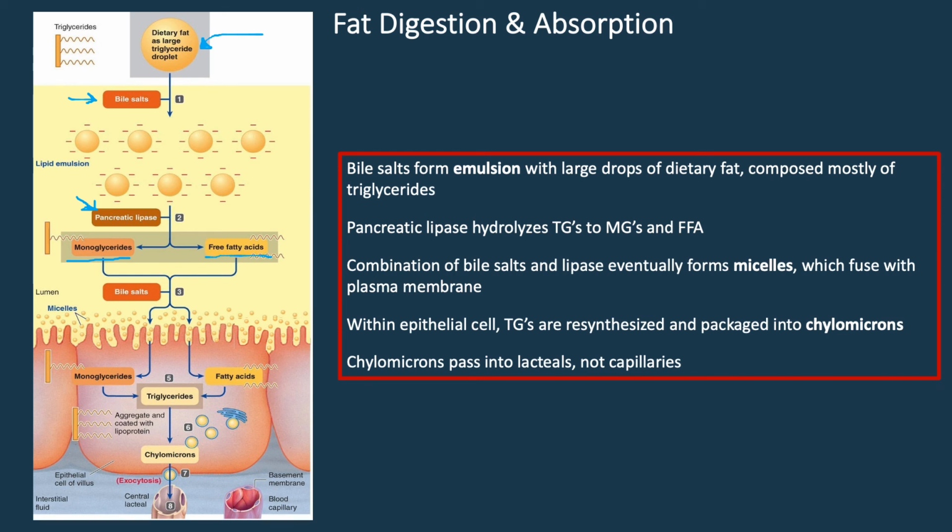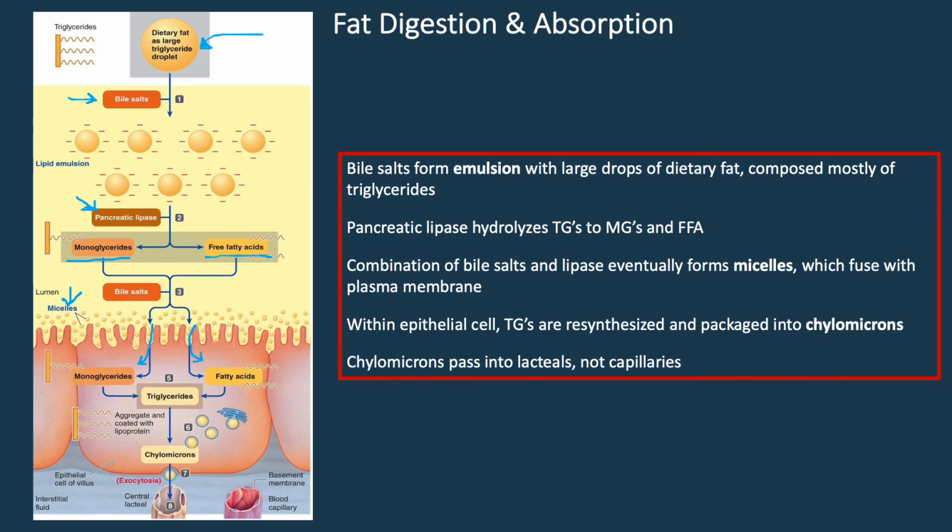This is where the other components of bile come into play. So lecithin and cholesterol, they're going to combine with bile salts to form these little spheres or micelles. Now, micelles will have monoglycerides or the free fatty acids at the center of them. And the micelles are able to fuse with the plasma membrane and move into the cell.